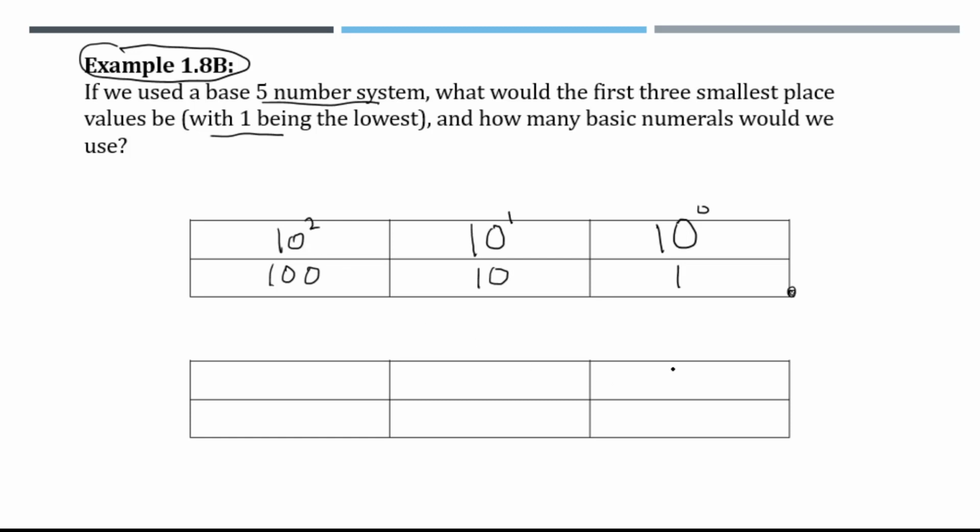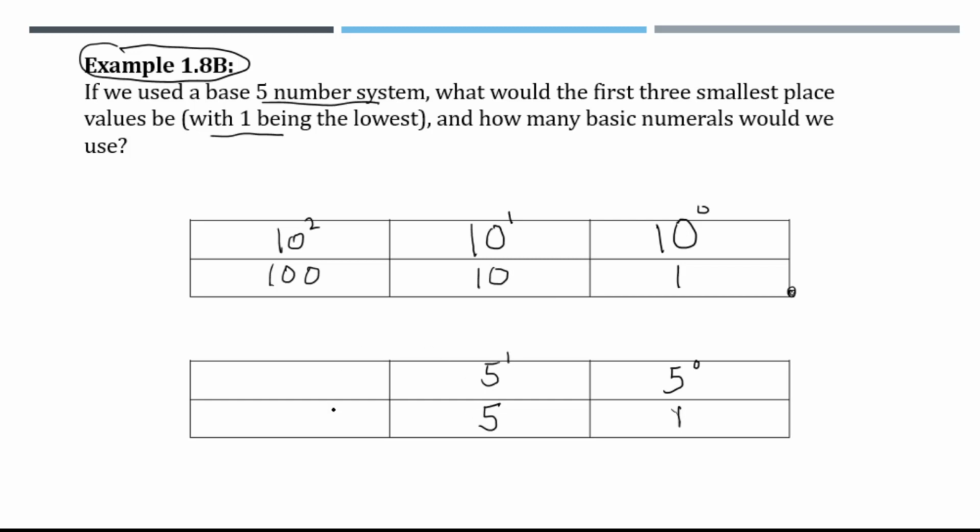So here's the lowest place value, the ones place. Then it would be the fives place. And then it would be, let's think about that. So that's 5 to the 0. 5 to the 0 is 1. That would be the first place value. The next one is 5 times bigger, because it's base 5, not base 10. 5 to the first place.